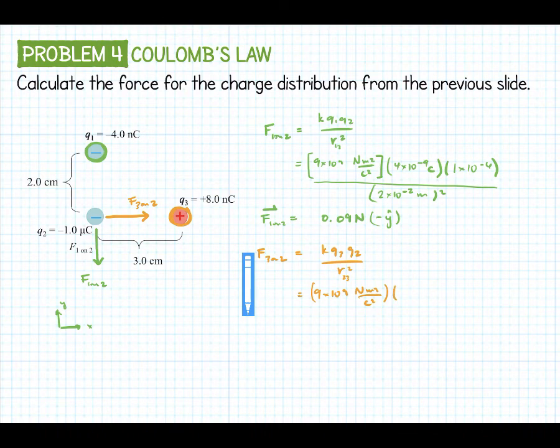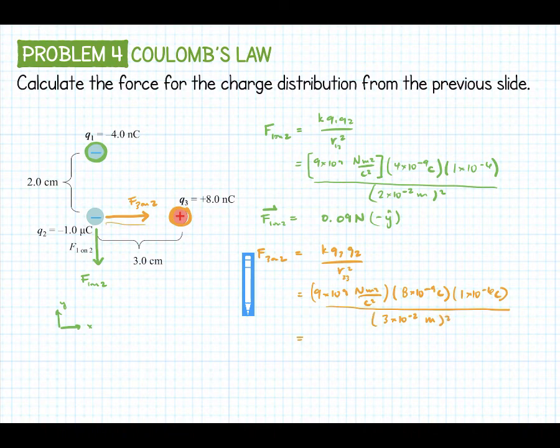Then you have 8 times 10 to the negative 9 coulombs. That's charge 3, Q3. You have 1 times 10 to the negative 6 coulombs. That is charge 2. And then you have the distance between these things, which is 3 centimeters, so 3 times 10 to the negative 2 meters, and this is a quantity squared.